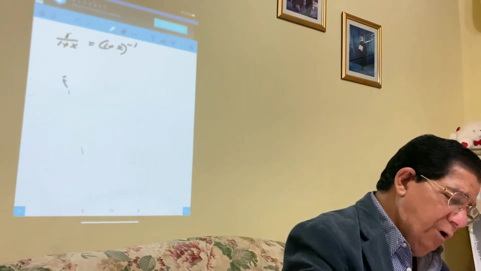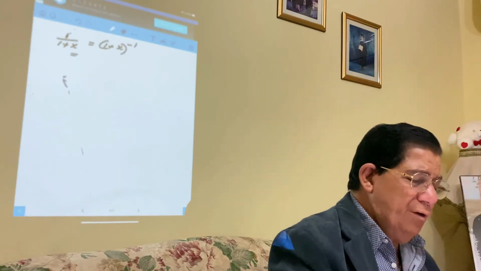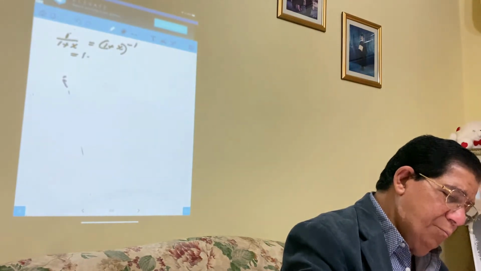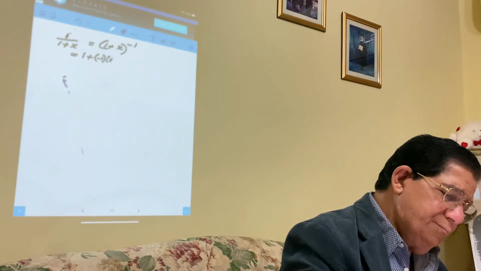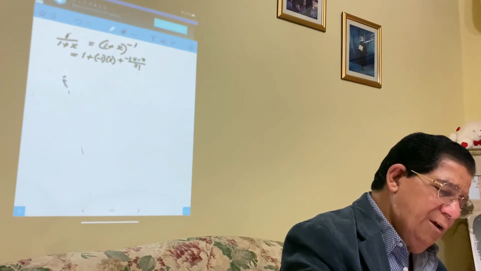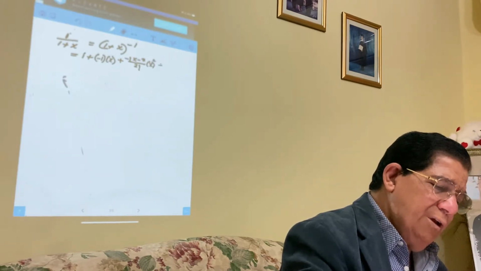We apply the rule which is given in the formula sheet: 1 plus nx, plus n times (n minus 1) over 2 factorial x squared, plus n times (n minus 1) times (n minus 2) over 3 factorial x cubed.